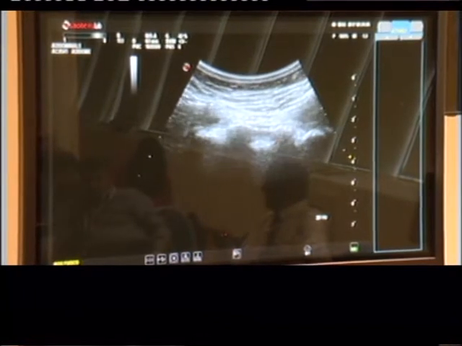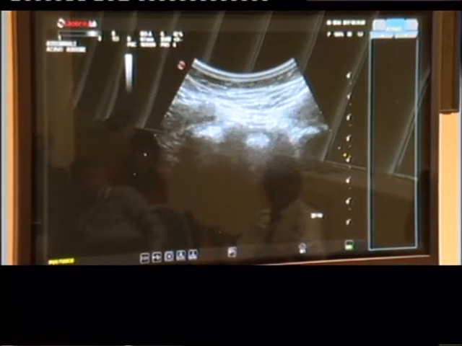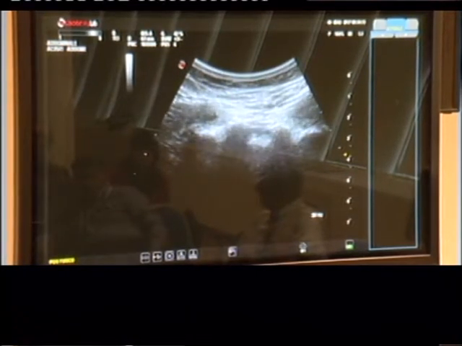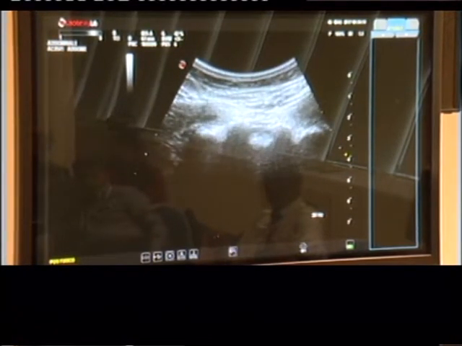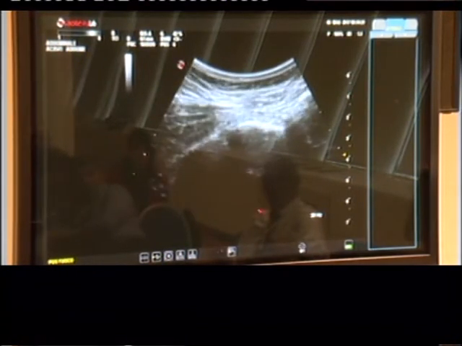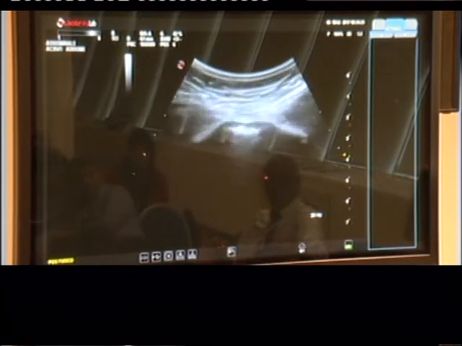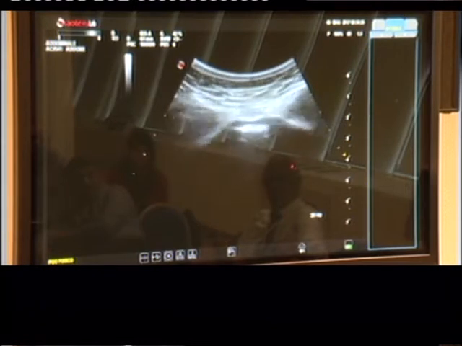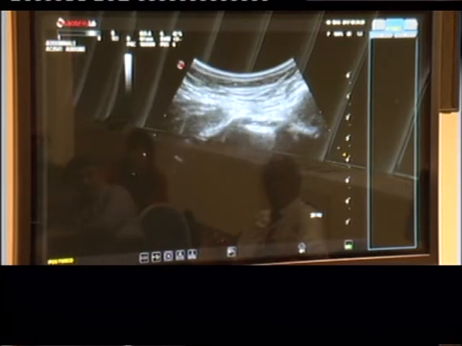There's the cornu, il corno del sacro, and then this is the sacrococcygeal ligament, legamento sacro-coccigeo, and then this is S3, and then if I keep going down, I'll have S4, but that's the hiatus here.